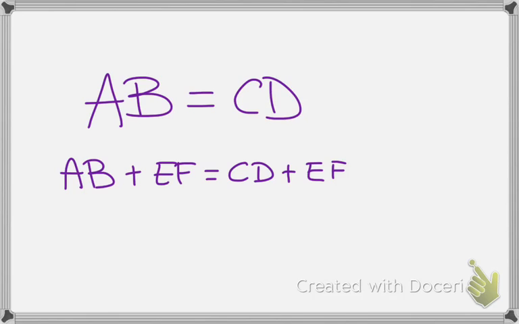If I turn this into a congruent symbol and turn these into line segments, because remember line segments aren't equal, their lengths are equal, but the line segments themselves are congruent. Now what I just did is I turned this into an addition property of congruence, because it's a congruence statement instead of an equal sign, right?